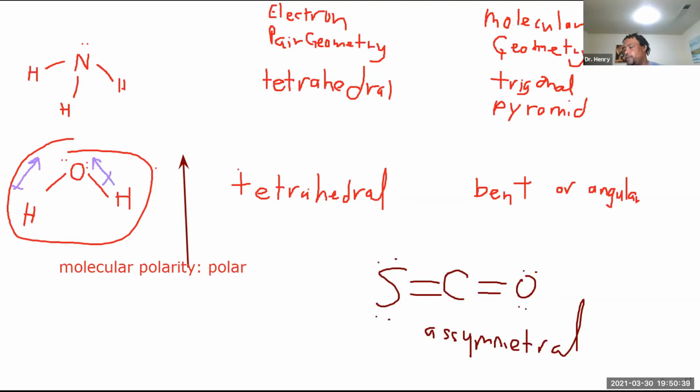So for instance, we're making water, right? So let me put my other one. If I was making water, these are set up for their open spaces.